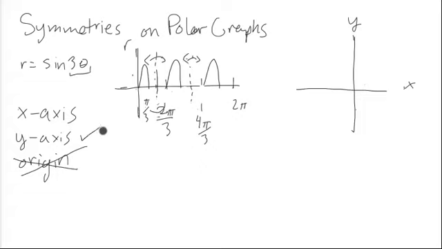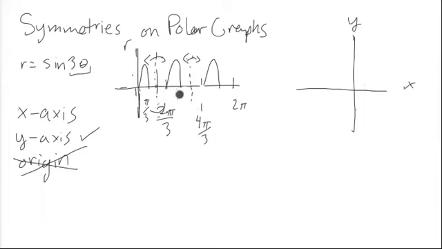What about the x-axis? So think 0, where's pi? So this is 2 pi thirds. And then each petal length is what? Let me think for a second. It's 2 pi thirds, so it's pi thirds.